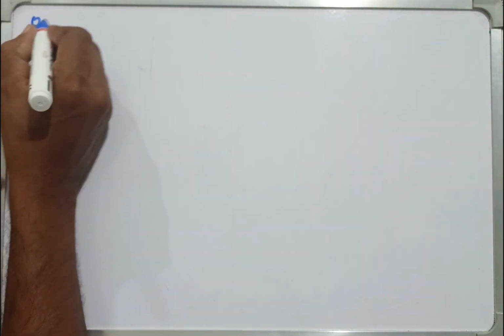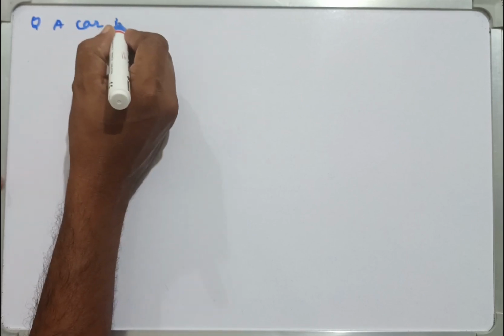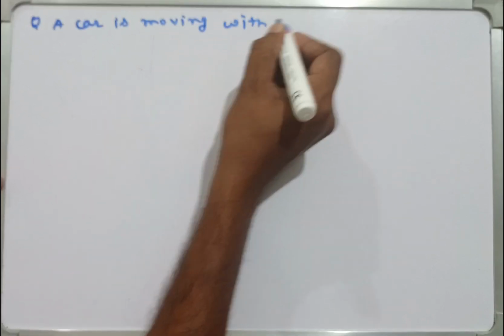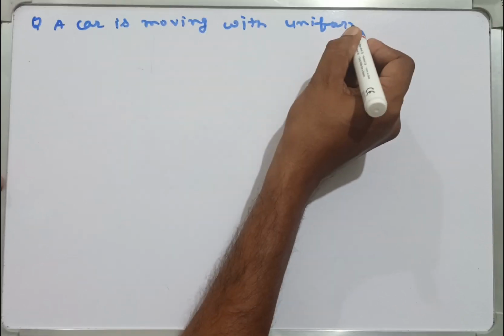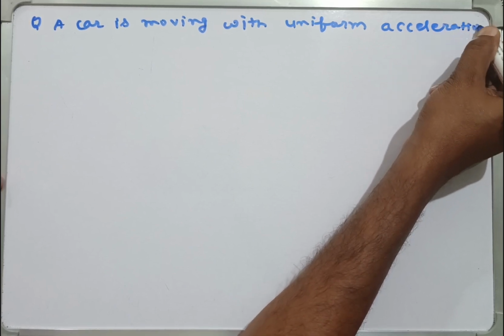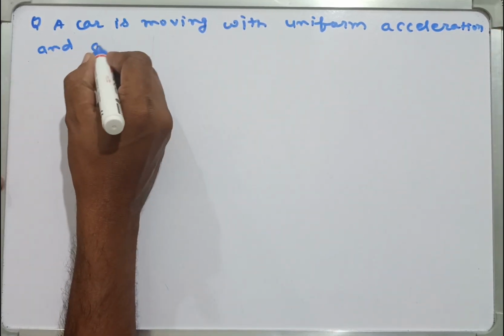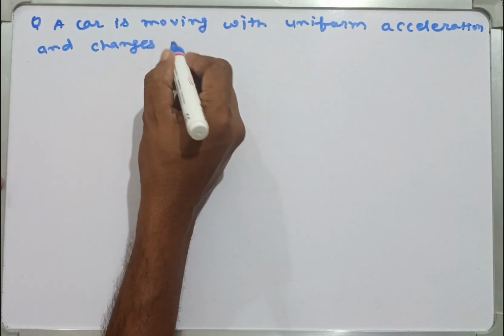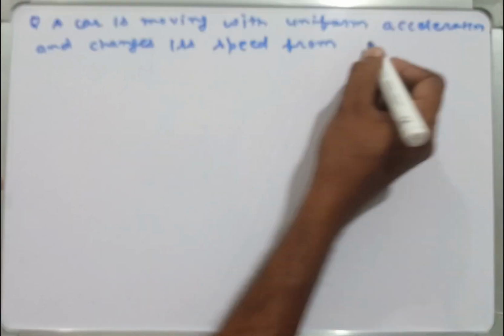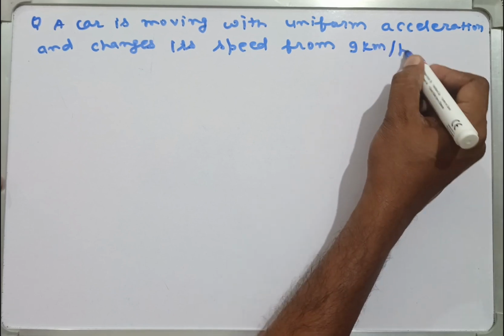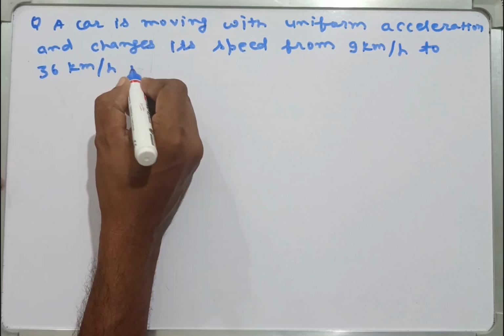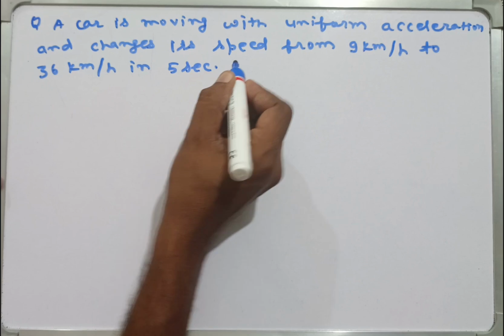A question: a car is moving with uniform acceleration and changes its speed from 9 kilometer per hour to 36 kilometer per hour in 5 seconds.